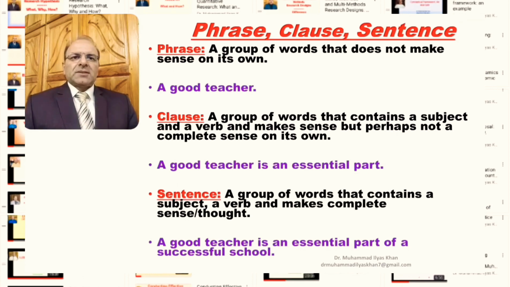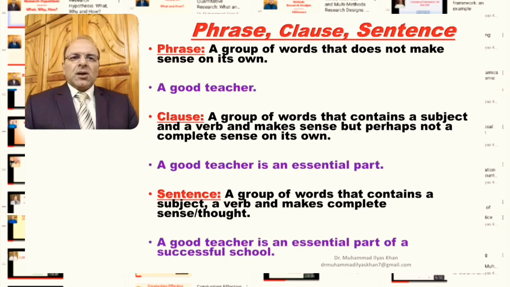What is a phrase? A phrase is a group of words that does not make sense on its own. For example, here is a group of three words: a good teacher. This group of words does not make sense on its own.